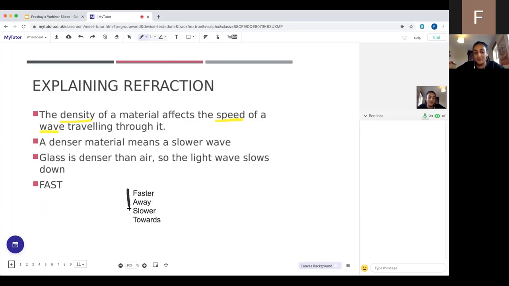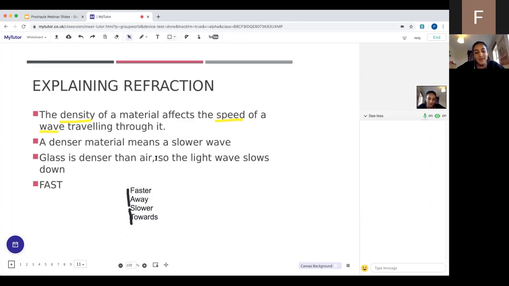If the light wave travels slower, then it bends towards the normal. So along with faster and away, we have the idea of density. Faster, away is a lower density; slower, towards is a higher density.